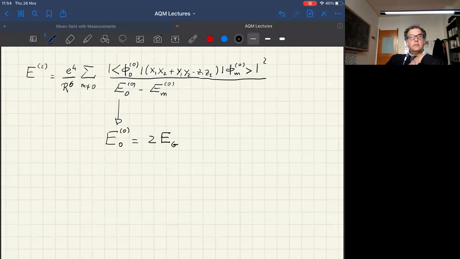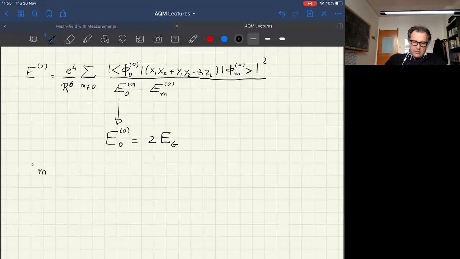Right? So basically, you just evaluate the ground state energy of the hydrogen atom. I just call it Eg. This is twice Eg. What does it mean, m here?